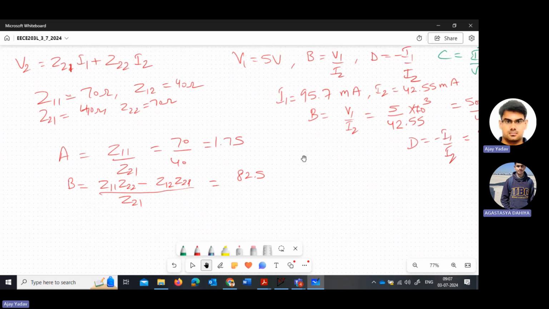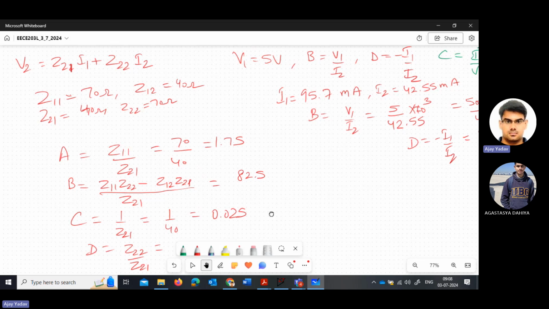Similarly, for C the formula is 1 by Z21. You check whether it is accurate or not. Are we making any mistake? And for D, it is Z22 by Z21, because the difference is somewhat bigger, not small.